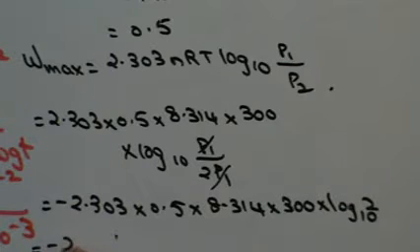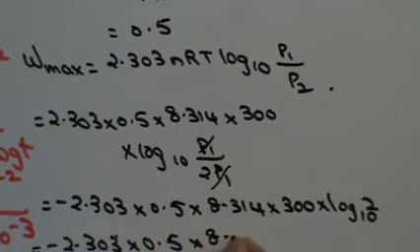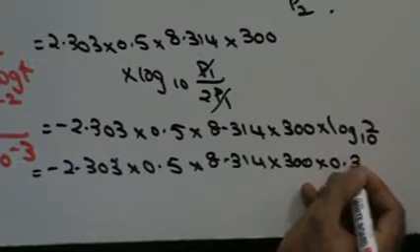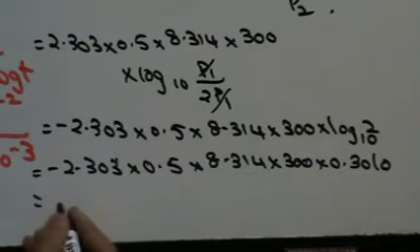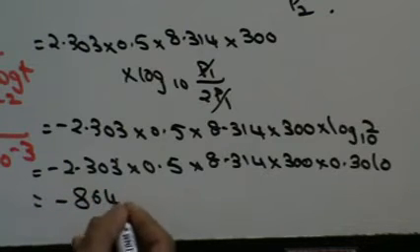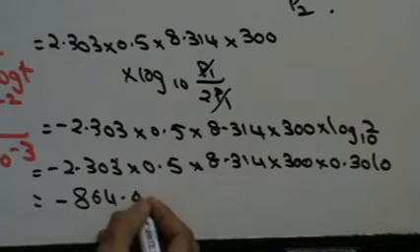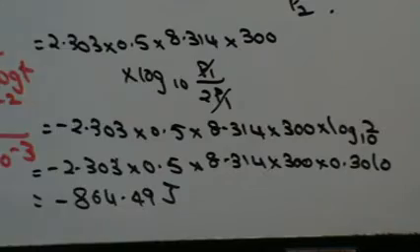So this is negative 2.303 into 0.5 into 8.314 into 300 into 0.3010. When you multiply this, you will get this answer as negative 864.49 joules. Right? Take down next one, please.